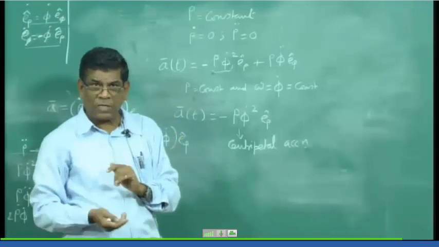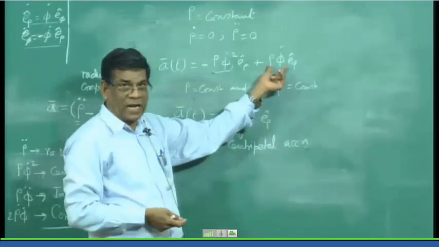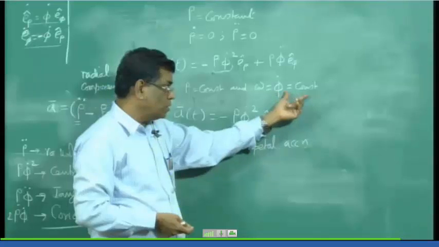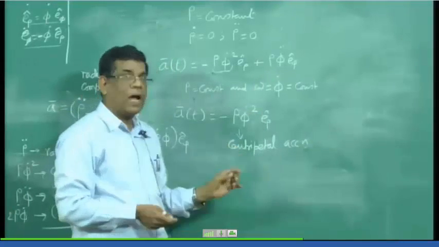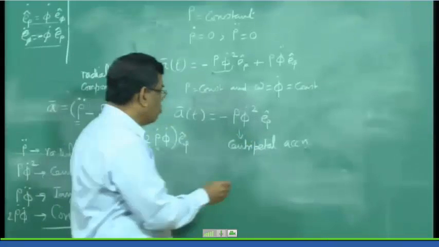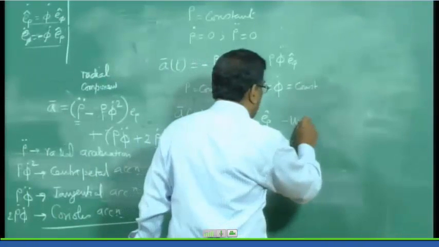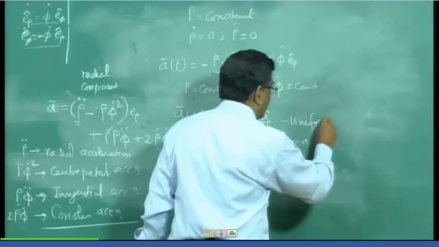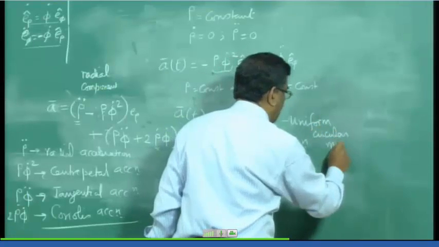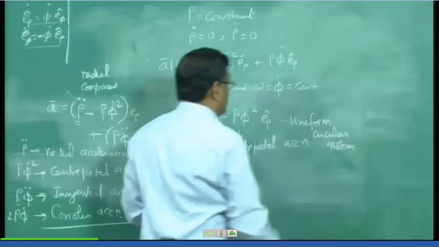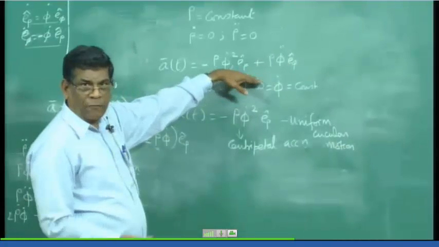which keeps the body in a uniform circular motion. Why is it a uniform circular motion? There is no extra acceleration. This term goes to 0 because phi dot is a constant, so I have only one term, and that corresponds to uniform circular motion. The other case is a non-uniform circular motion.